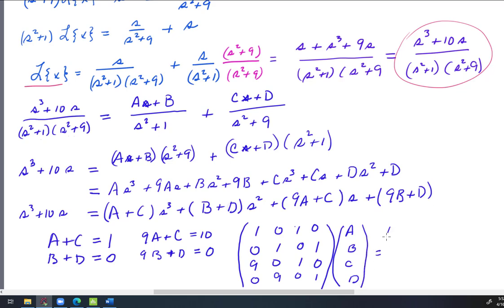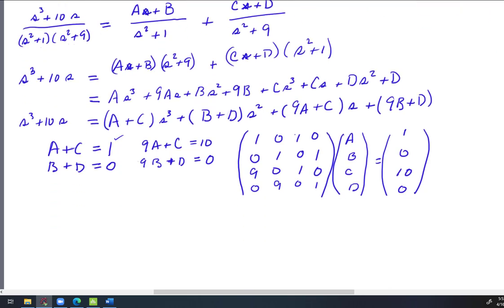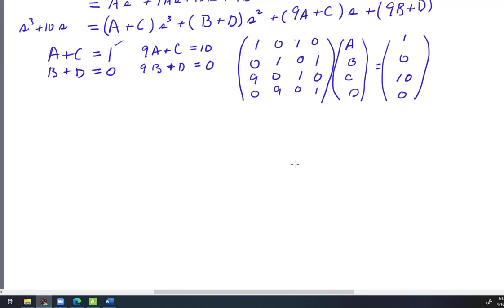And that would be equal to 1, it's this value right here, 0, 10, 0. So there's the matrix equation. Now, using some technology, we would invert this matrix.